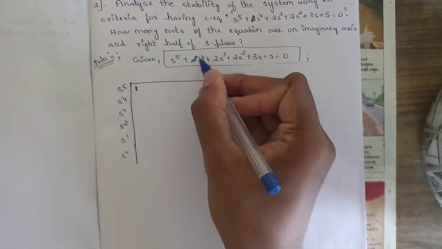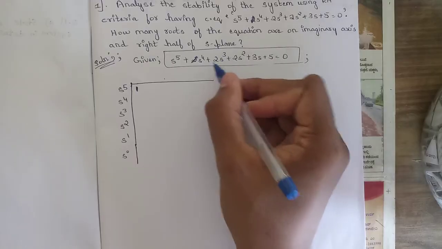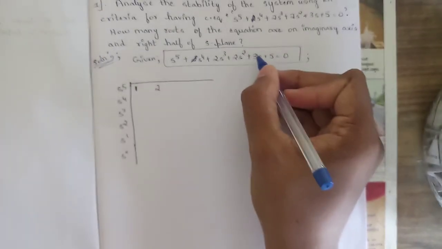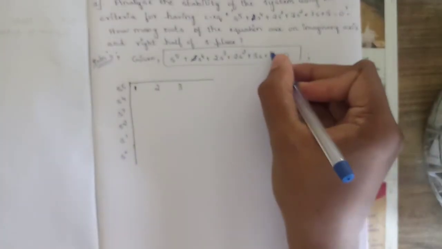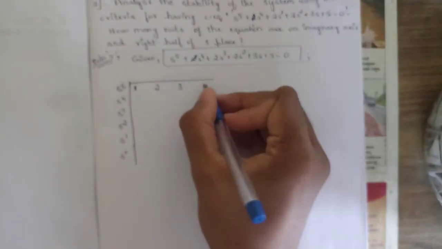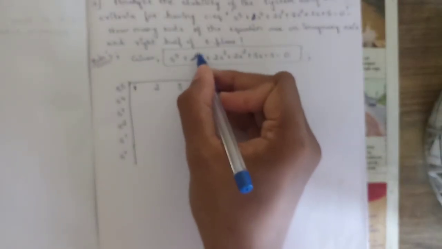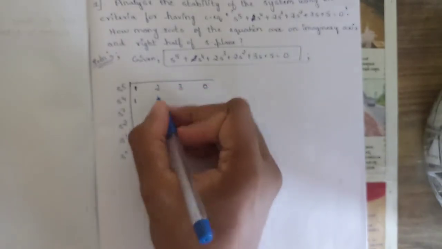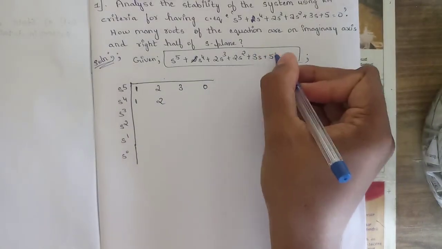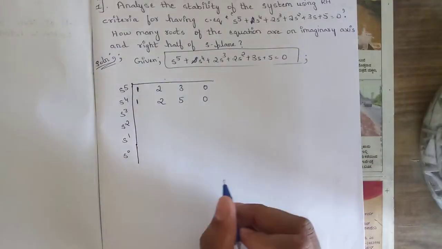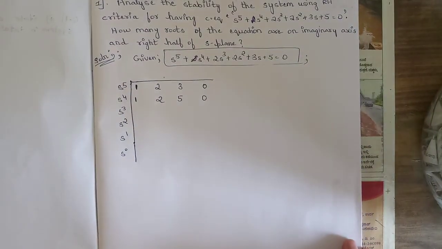Then leave one term and write the coefficient of s cube, that is 2. Again leave one term, write the coefficient of s, that is 3, and again leave one term. After that we don't have any terms, so 0. Here write the coefficient of s to the power 4, this is 1. Leave one term, s square coefficient 2, leave one term, the coefficient of s to the power 0 is 5. Again we don't have any term, 0.